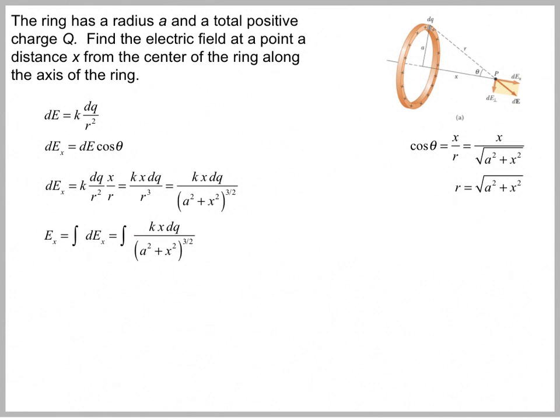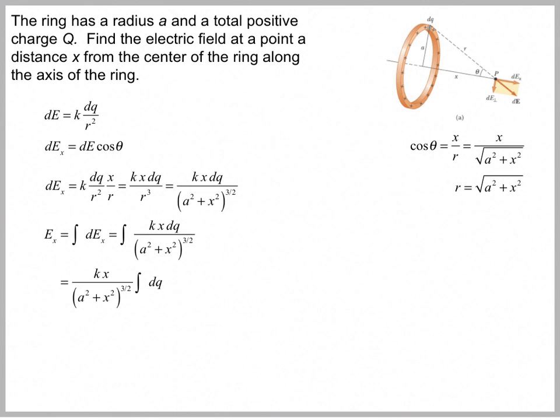Well, k is just the Coulomb constant. x, as we're integrating around dq, the distance x doesn't change. And the radius a is also a constant. So x, a, and k are all constants and come out of the integral.